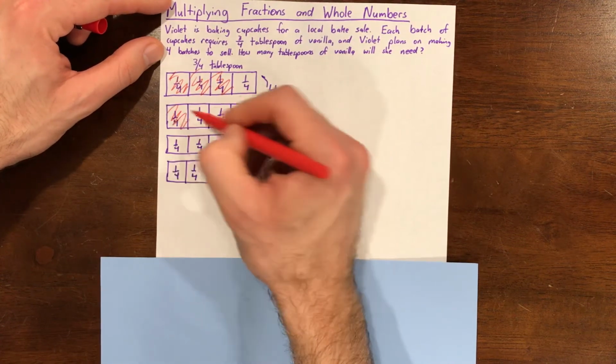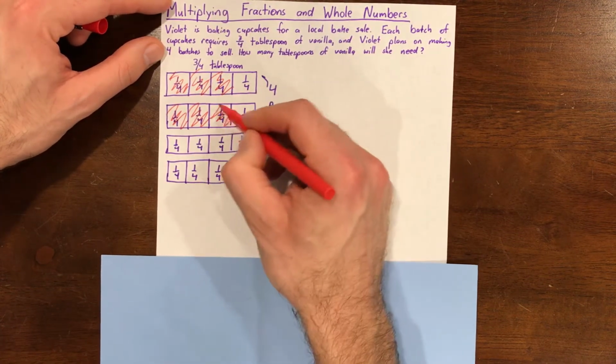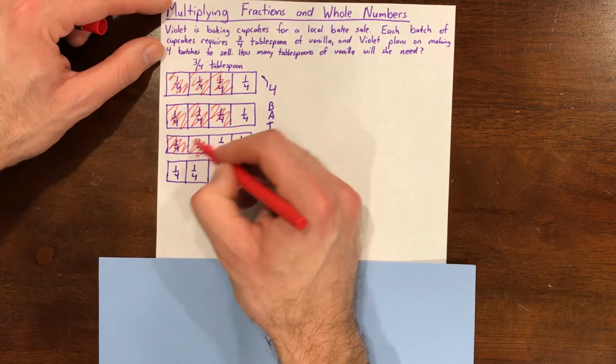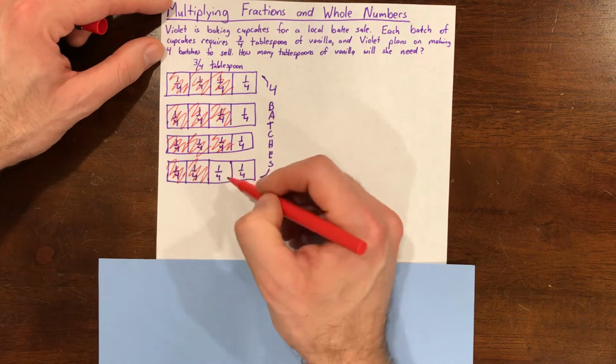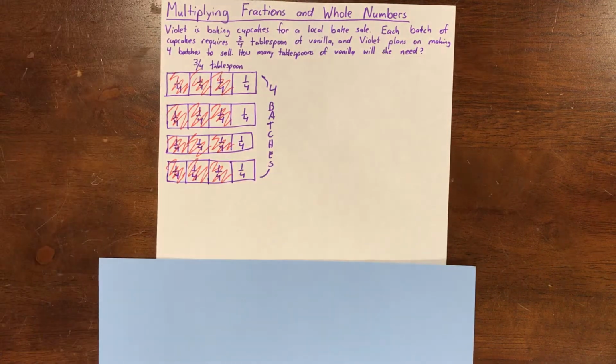I'm just going to shade in 3 of my 1/4 out of each whole because each batch only needs 3/4 of a tablespoon. Okay, great. So then how would we solve? Say it out loud.